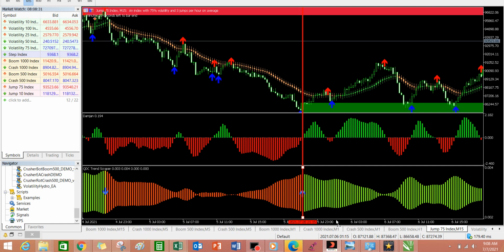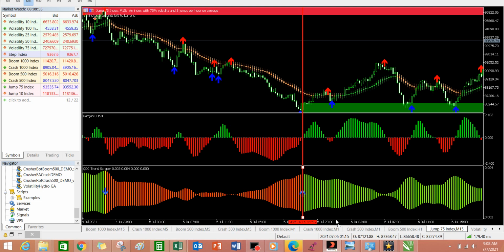Like I said, it is a trend trading asset. So all you need to do is to understand the trend first, know how to identify the trend. Once you know how to identify the trend, the next thing, your number two thing that is very, very important, is to identify your support and resistance levels.